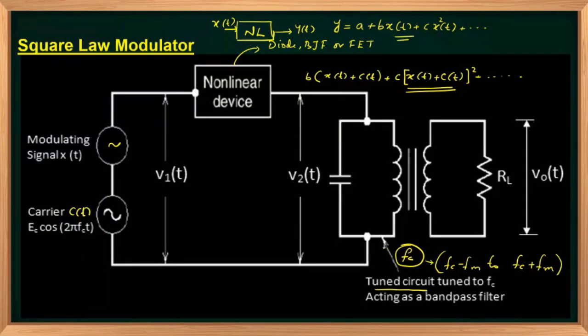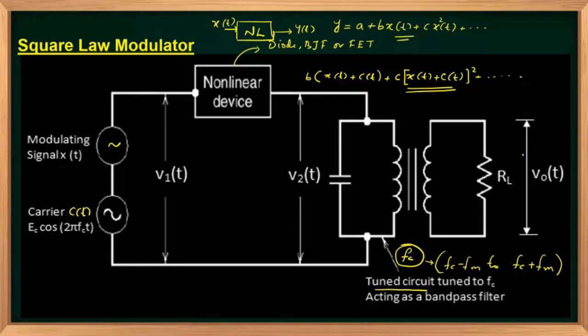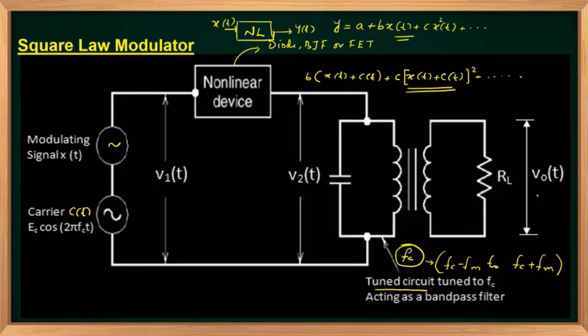The output of the nonlinear device contains several frequency terms, and we are extracting the modulated AM signal using this tuned circuit. So the output of the tuned circuit contains the AM signal only.